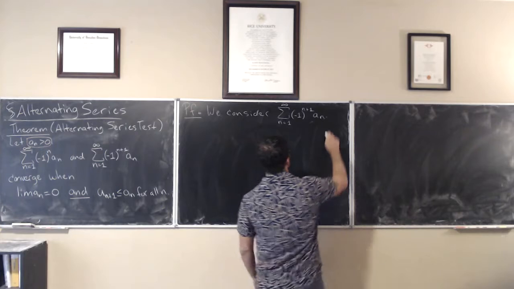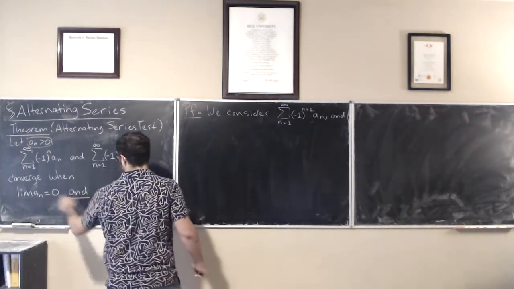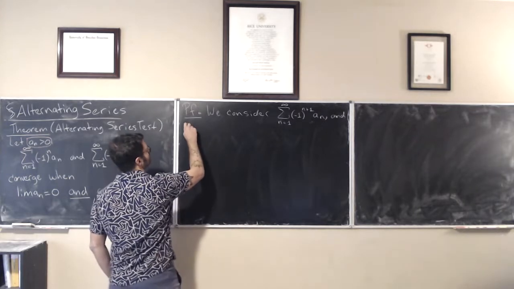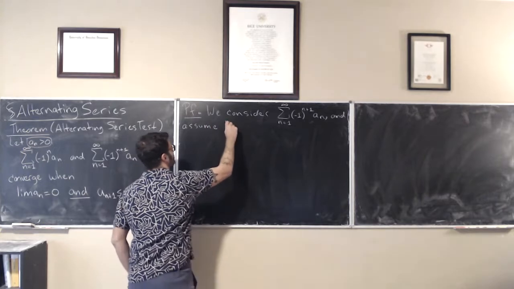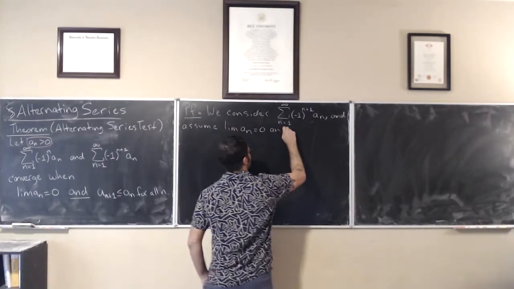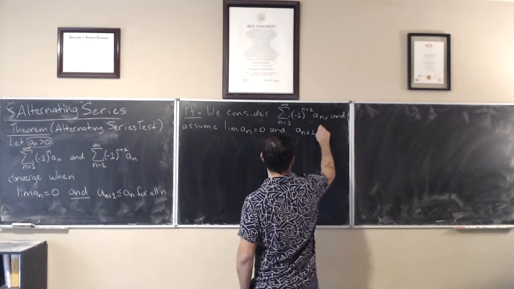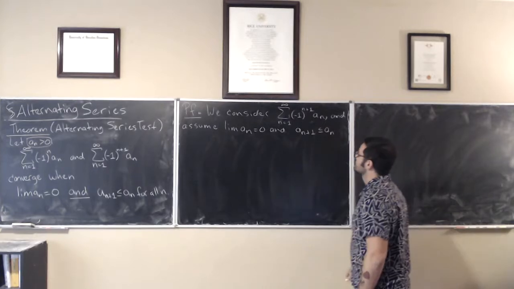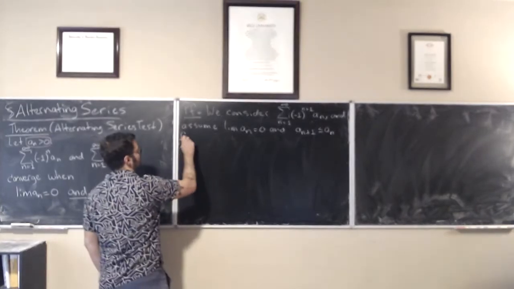So we consider the series and assume these two things: the limit of a_n equals 0, and a_(n+1) is less than or equal to a_n, so decreasing or non-increasing, for all n. We're going to hope to show that this series converges.